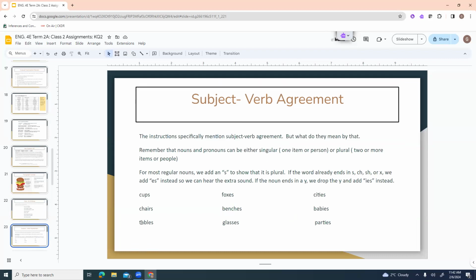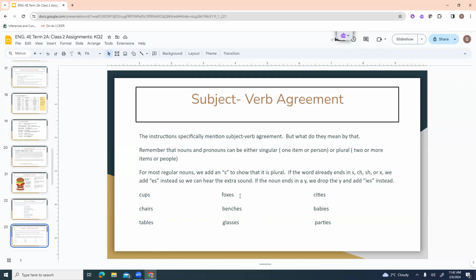Now, subject-verb agreement. What do they mean? Nouns and pronouns can be either singular, one item or person, or plural, 2 or more items or people. For most regular nouns, we just add an S to show that it's plural. Cups, chairs, tables. However, if the word already ends in something that sounds very S-y, like S, CH, SH, or X, we add ES, which sounds like as, so that you can hear the extra sound.